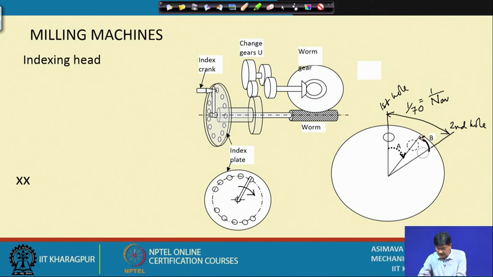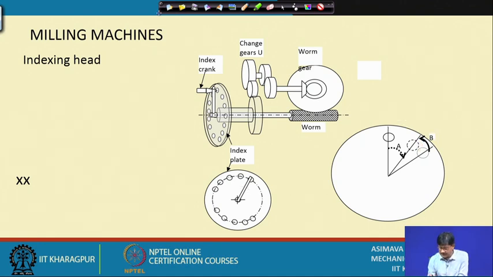What is this one then? This one is the hypothetical, it does not exist, but suppose I say that if a 71 hole circle had been existing, this would have been the position of the second hole starting from this one. Okay. This would have been the position of the second hole.